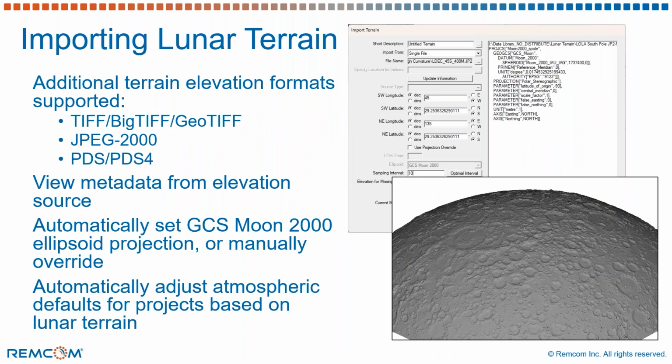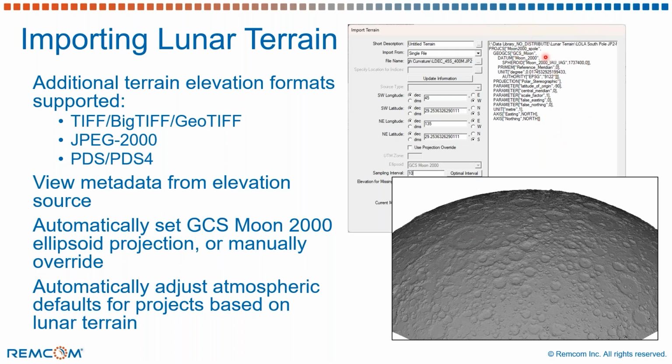So importing lunar terrain, it uses the GDAL importer. We now support additional terrain elevation formats. And we also have the ability to view the metadata that is part of that data set. So when you use the importer, you will see the metadata on this side here.